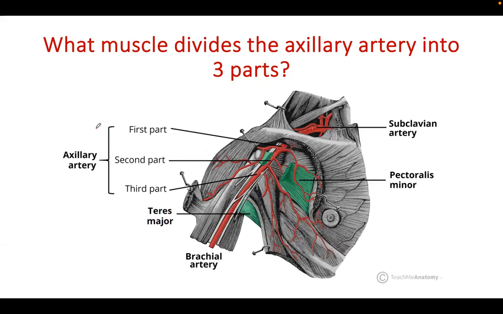It is the pectoralis minor. This structure here, okay, look at this, there, it's cut. The pectoralis minor divides the axillary artery into the first, the second, and the third part.